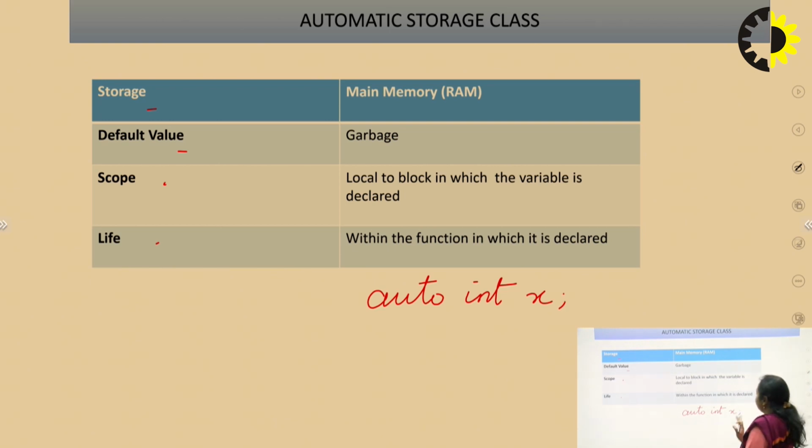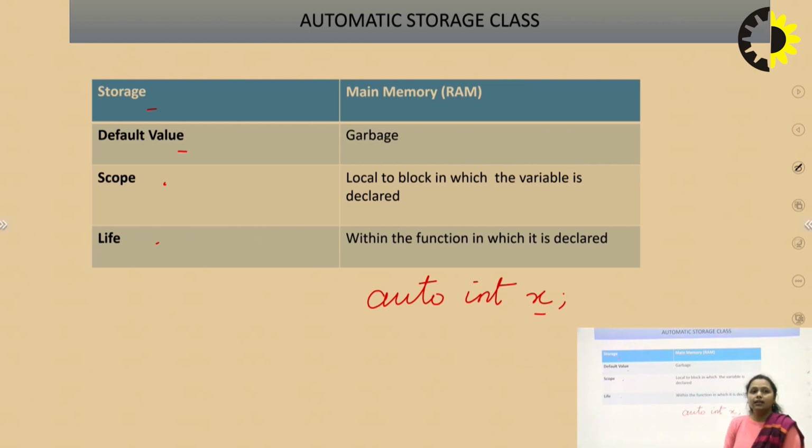This declaration of variable x is going to get stored in the main memory of the system. Whatever value we pass in x will get stored in main memory. Second, the default value. If I directly print the value of x, what will it return? It will return a garbage value. So by default, the value stored within the variable x is garbage.